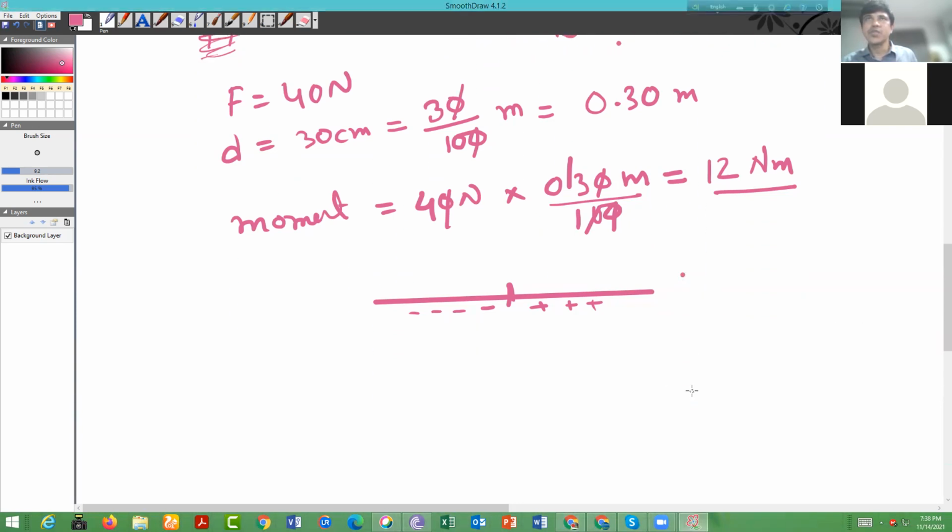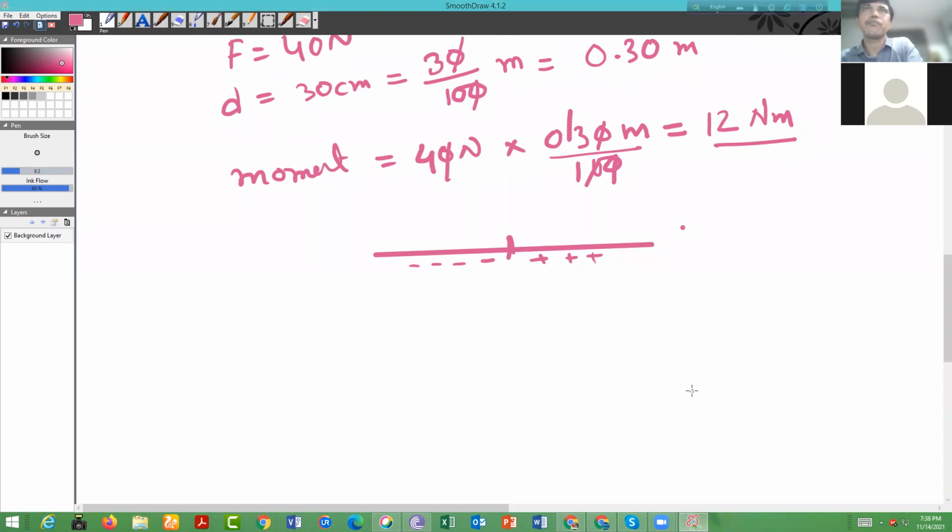Okay, repeat the question again. Can you draw a line? Okay, line. Then put the pivot point. And one is near the pivot point while the other is a bit far. How will you do that?